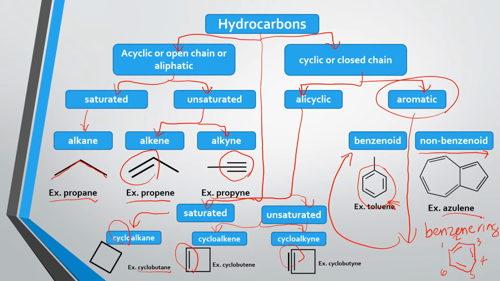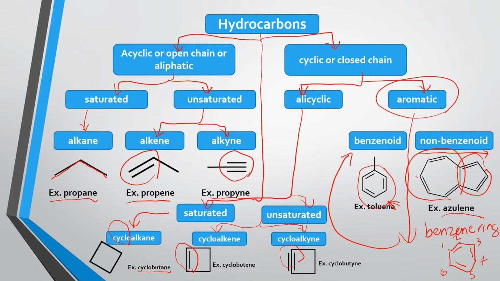Ilan ba yung carbon? Itong side na to, we have 5. Dito, 7. 1, 2, 3, 4, 5, 6, 7. O, 7 nga. Yan. So, hindi siya benzene ring. So, they are non-benzenoid group.